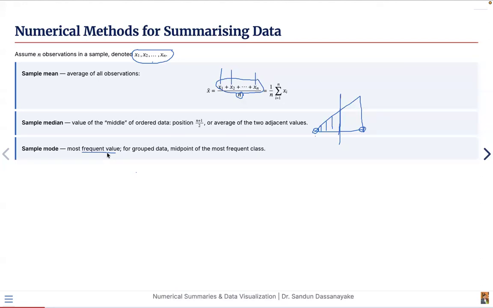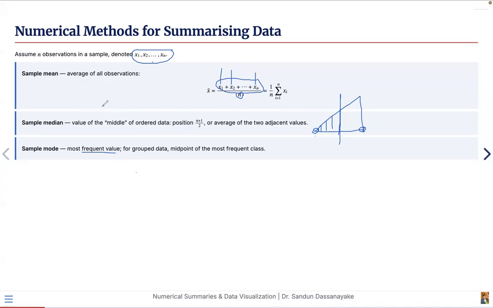If I usually come to the university, then looking at the overall picture, I might see 200 appearing in my records because I frequently travel from Colombo to Katubedda. So those are the ideas about the mode.